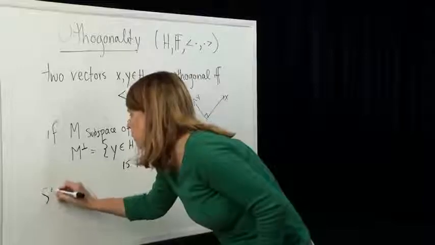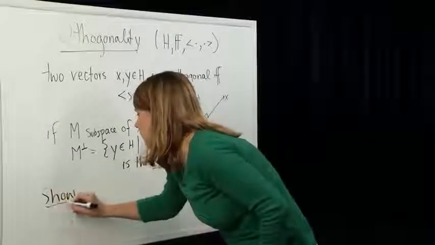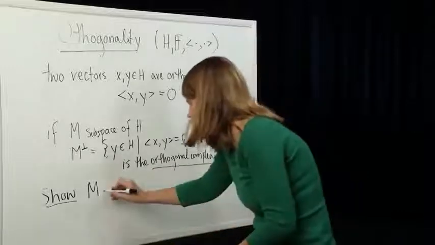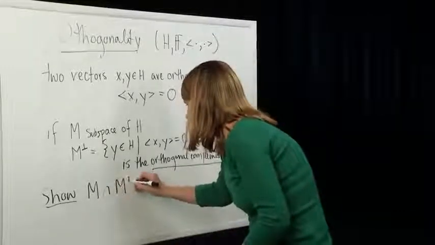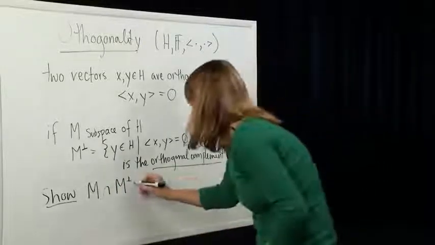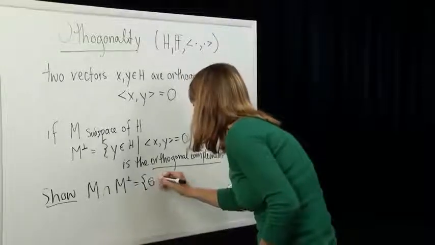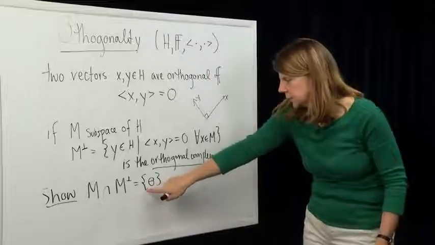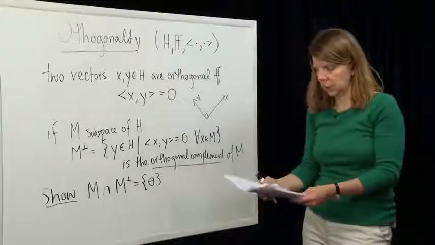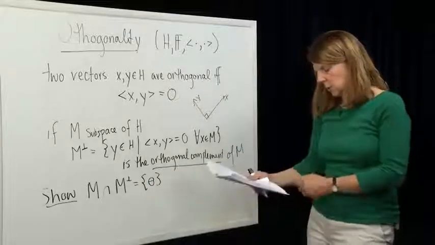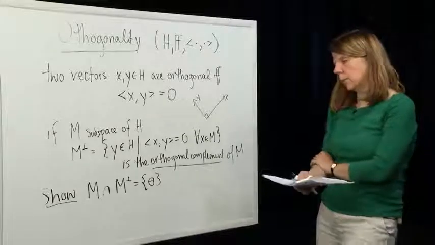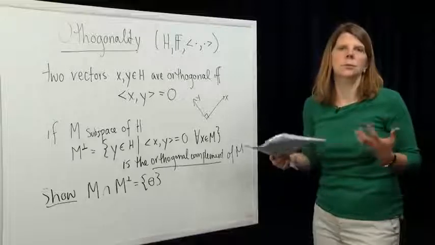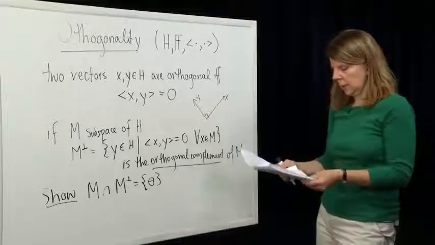So M intersect its orthogonal complement, M perp, is equal to the set whose only element is 0. We could show that as follows. I would probably show that in the same kind of style that we would show uniqueness, for example.